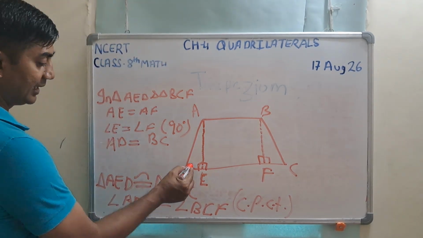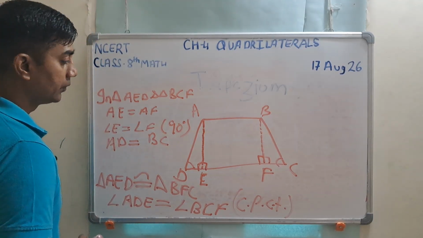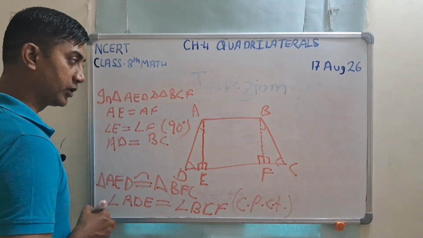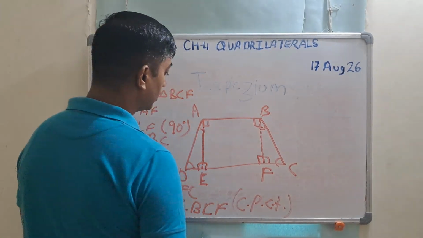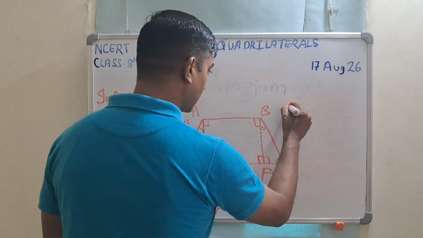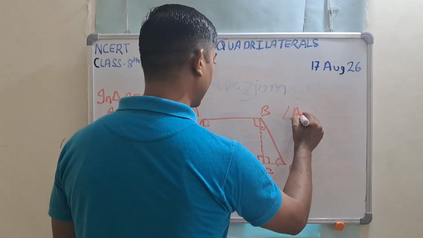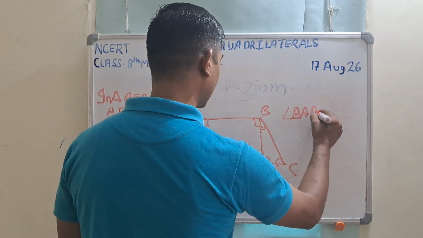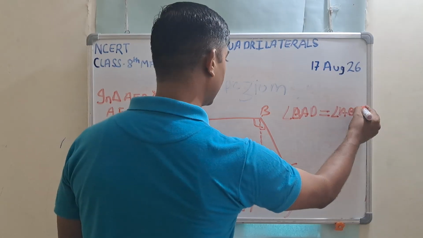So we have concluded that this angle is equal to this angle. In the same way, we can prove that this angle is equal to this angle by corresponding parts of congruent triangles, and this angle is already 90 degrees. Understood? So we can conclude that angle BAD is equal to angle ABC.